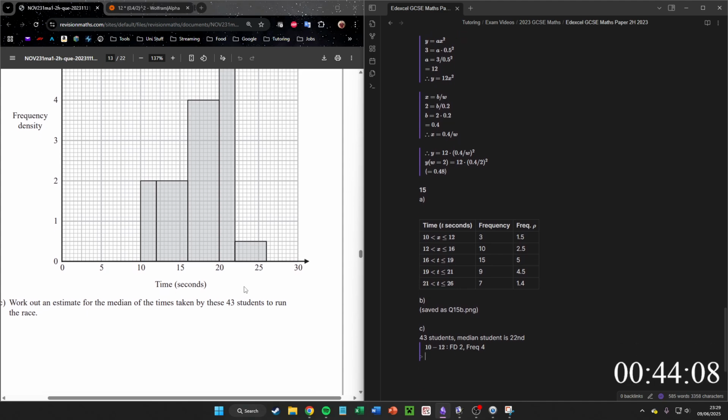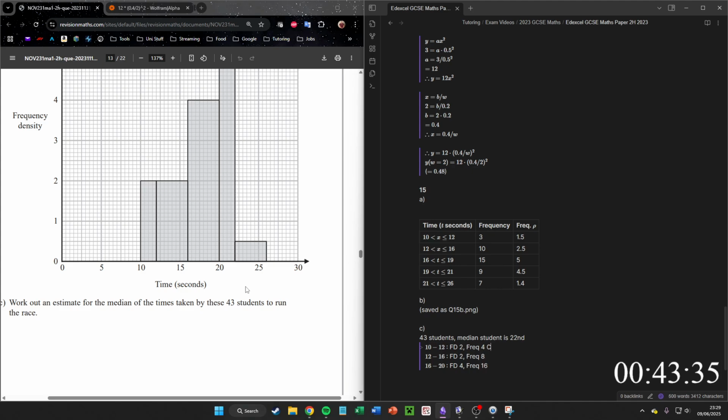And then 12 to 16: frequency density is also 2, so the frequency is 8 because of a class width of 4. So we're clearly not there yet. 16 to 20, class width again is 4. Frequency density now has increased to 4, so that means the frequency is 16.